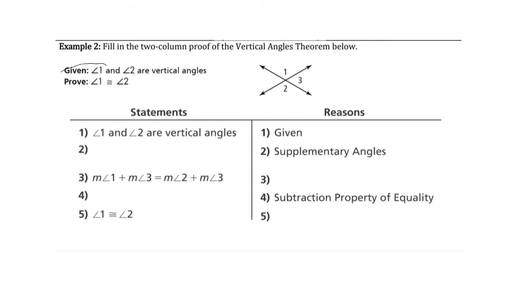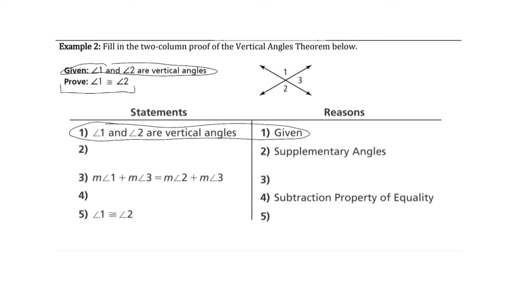We always write our first step as the given. So we're given that angle 1 and angle 2 are vertical angles. If we're given they're vertical angles, what does that mean? Well, that means that they're congruent to each other, and that's what we're trying to prove.